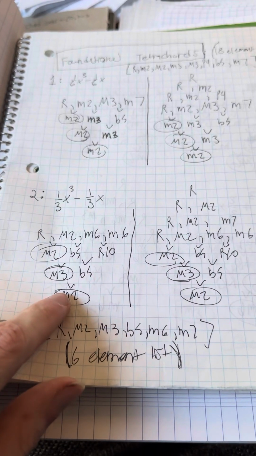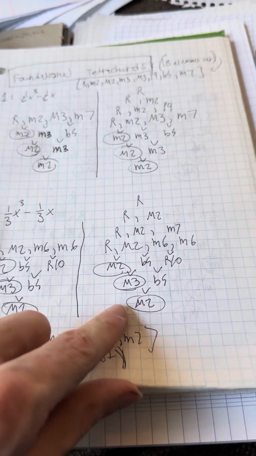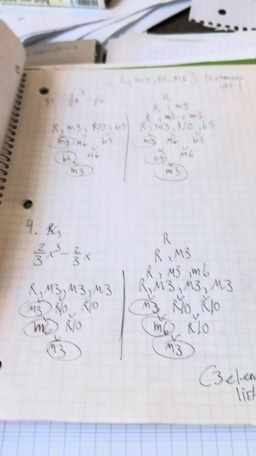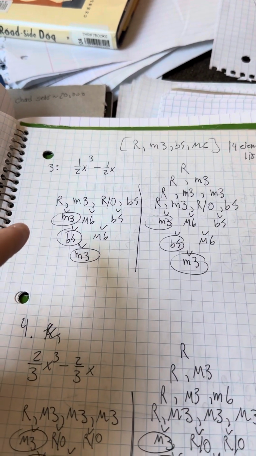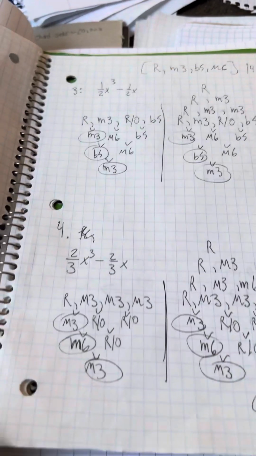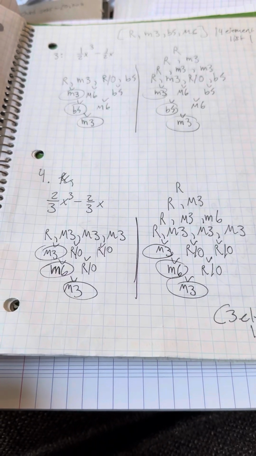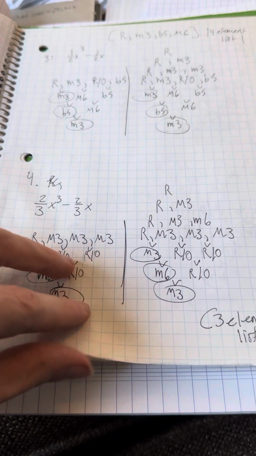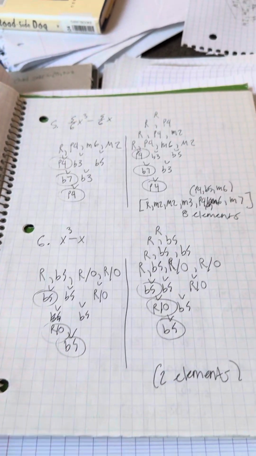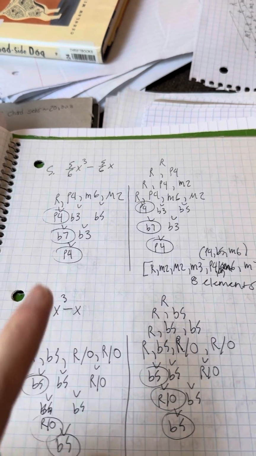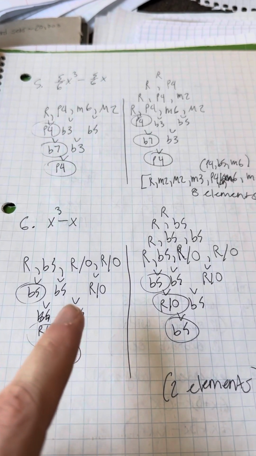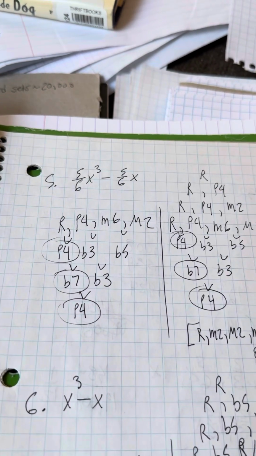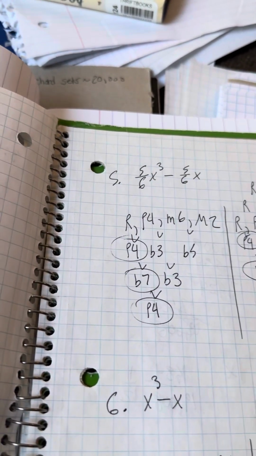Initial conditions. We're going to get this. This is going to be for minor thirds, major thirds, perfect fourths, flat fifths, and then how we get the other 5 is we just invert.